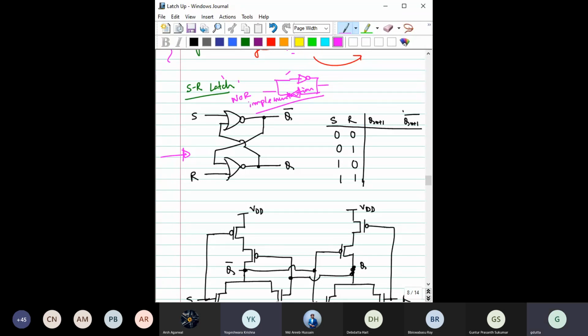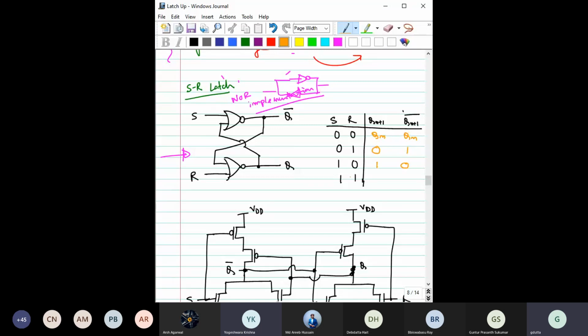When you apply 0, 1, the output would be 0, 1. When it is 1, 0, the output would be 1, 0. When it is 0, 0, it will remember the previous state. That's why I am writing it as Qn and Qn plus 1, where n plus 1 is the present state and n is the previous state.